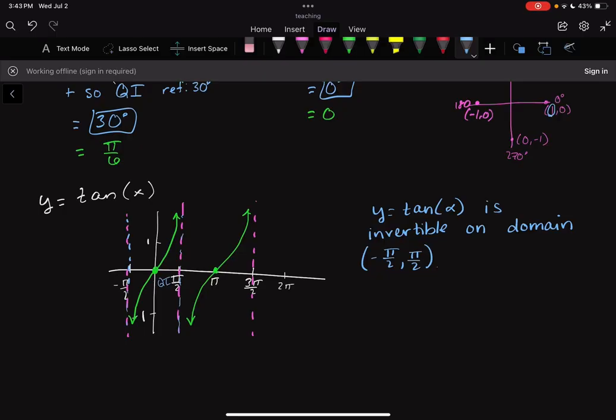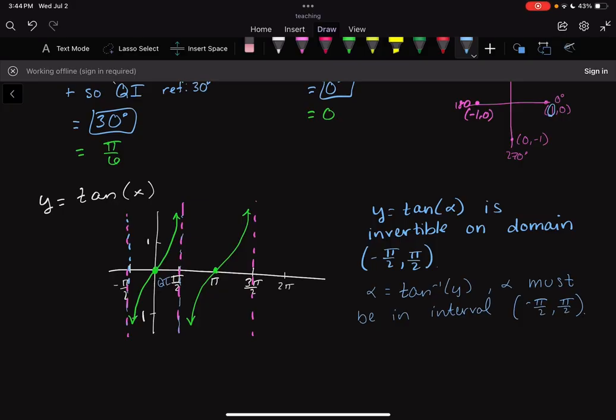So this means that for alpha equals tangent inverse of some value, alpha must be in the interval negative pi over 2 to pi over 2.